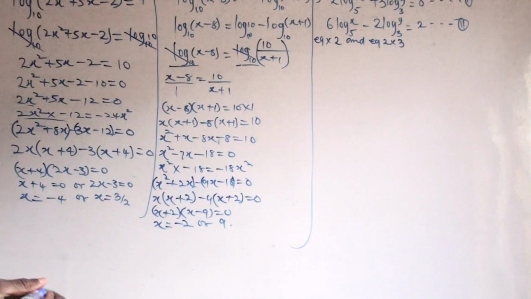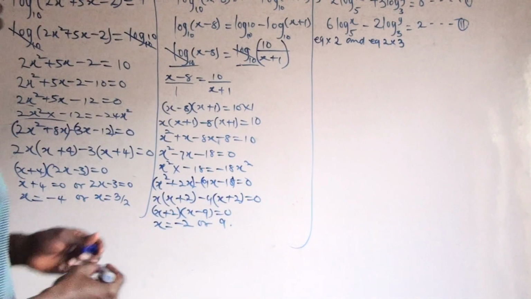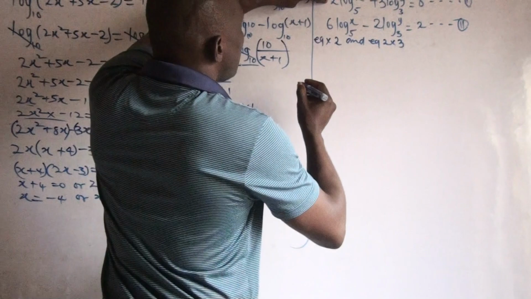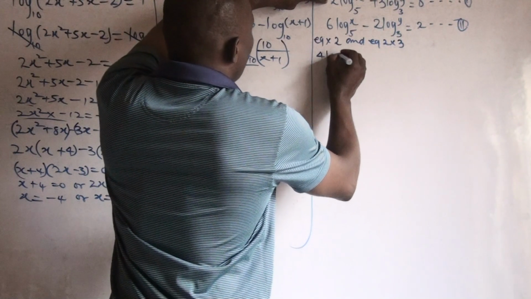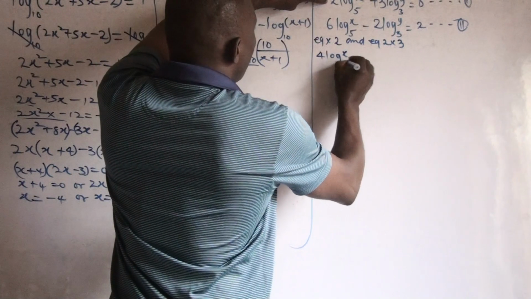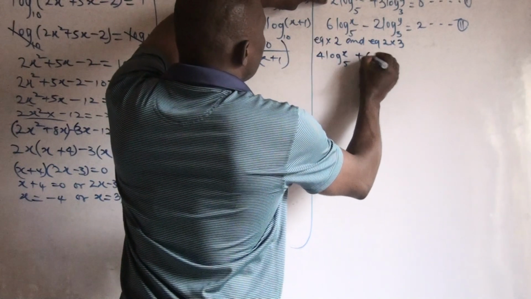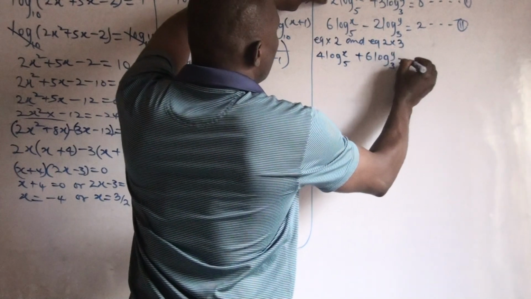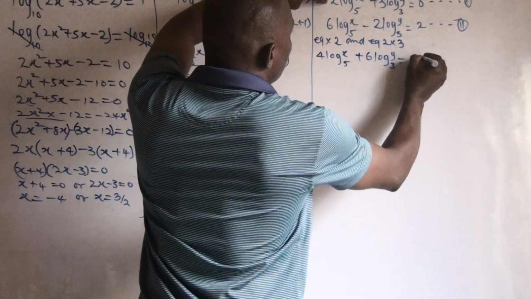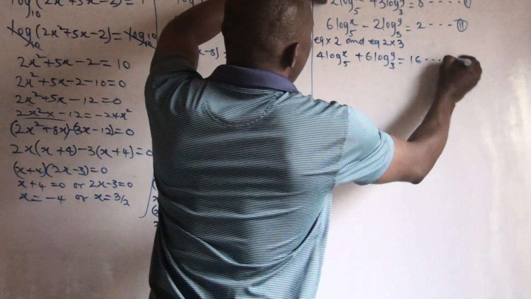Okay, so we want to use the elimination method to solve this. So here equation 1 times 2. So this will be 4 log x base 5 plus 6 log y base 3 is equal to 16. This one is equation 4.